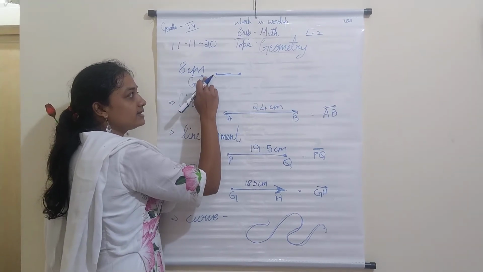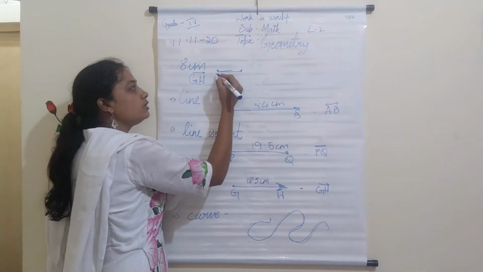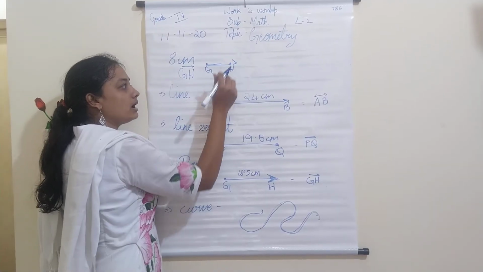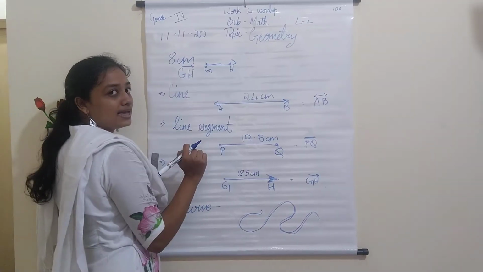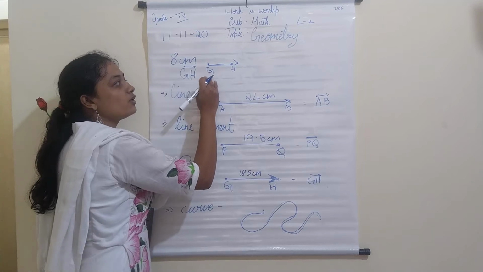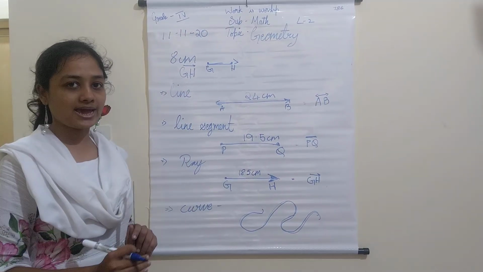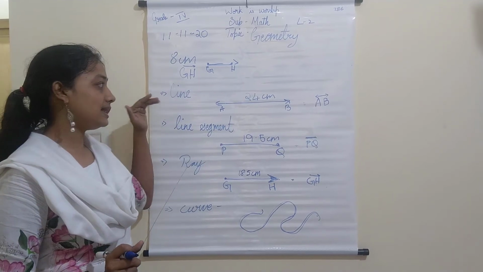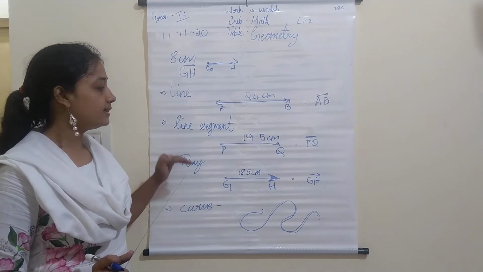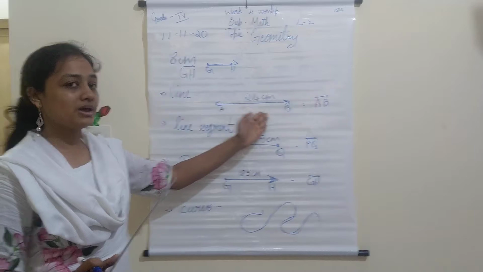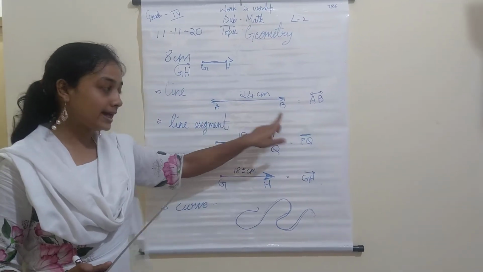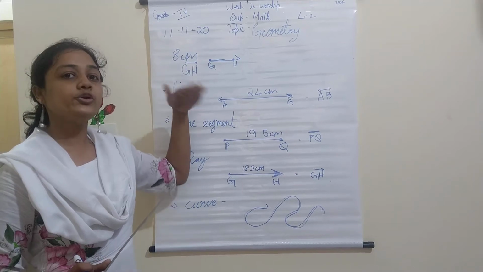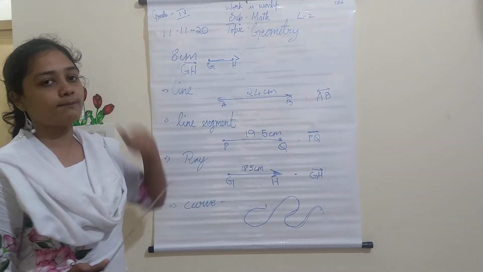Whichever alphabet has the arrow mark, you write that name there and put the arrow mark on that letter only. This is how you draw a ray. Okay children, I hope you have understood what a line segment and a ray are, how to measure them, how to write the names, and also how to draw them when they give you the number.